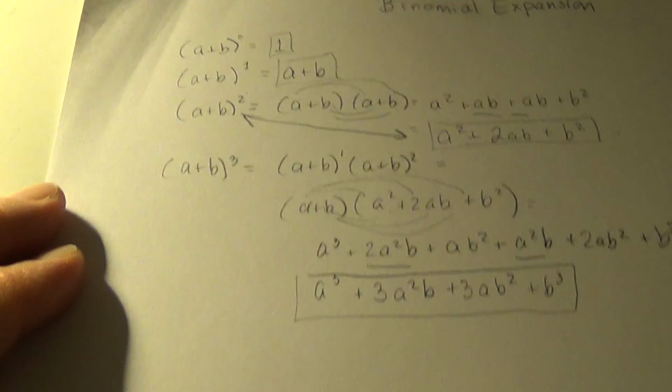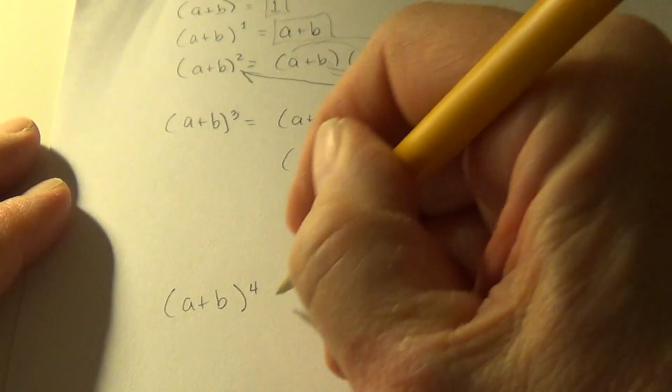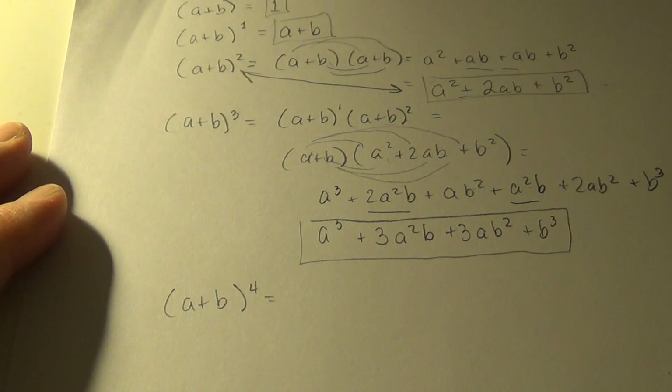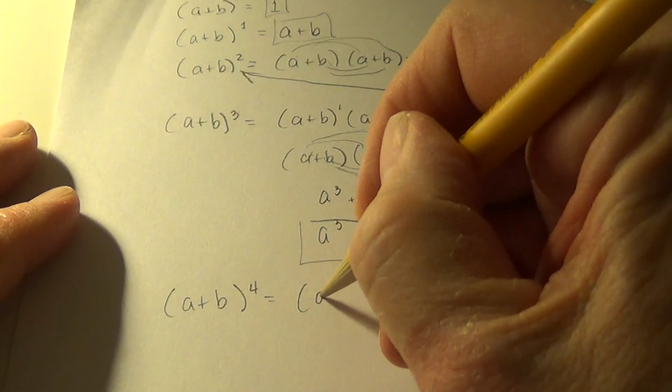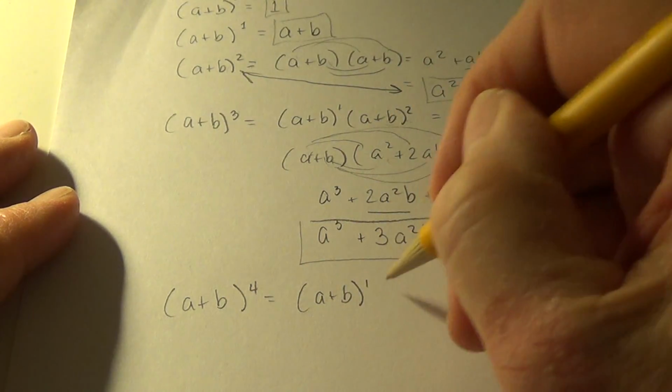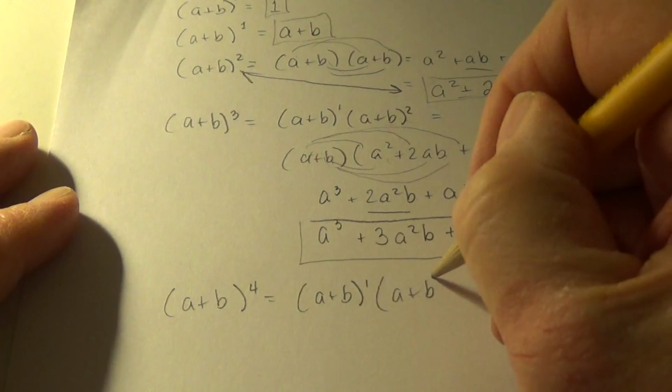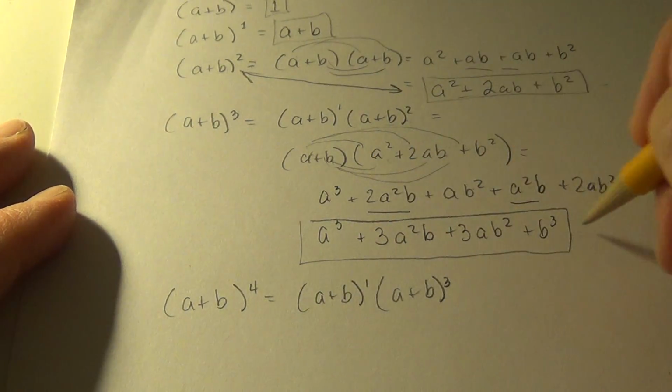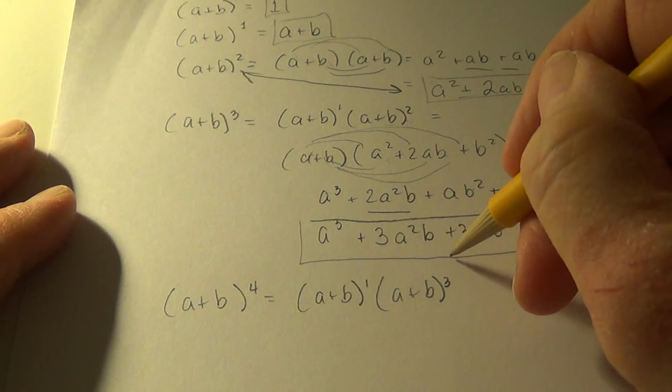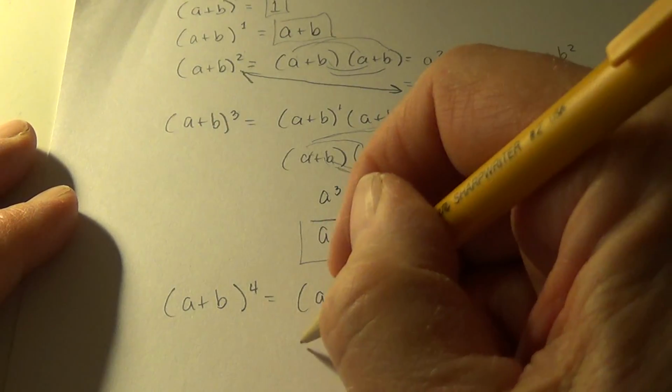Alright, let's do one more the long way. Then I get to show you the short way. Alright, a plus b to the fourth, expanding we go, is a plus b to the 1 times a plus b to the third, but we just did a plus b to the third, so I'm going to put that in for that.